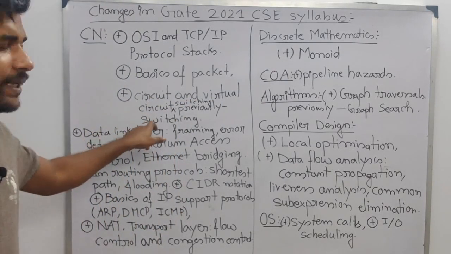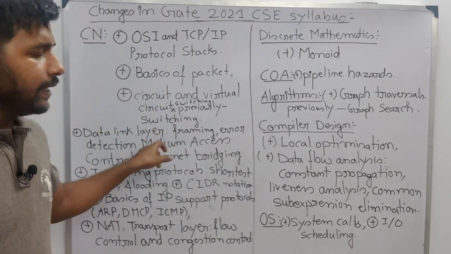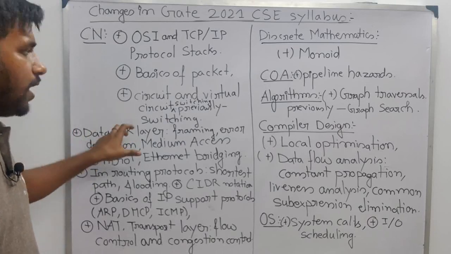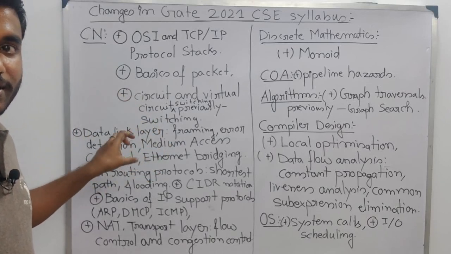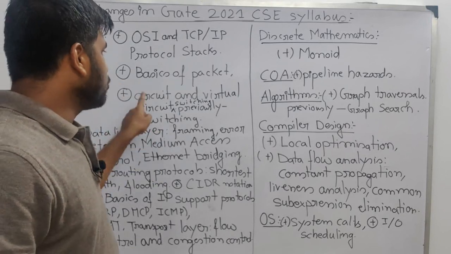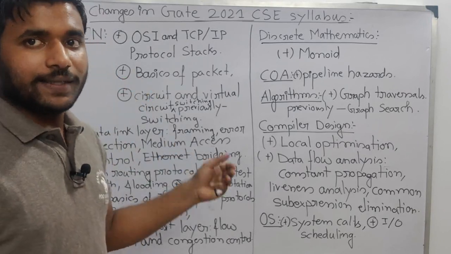Previously, by writing switching, we were studying circuit and virtual circuit switching. But now they are explicitly saying that you should only study circuit and virtual circuit switching. No need to learn any other switching.